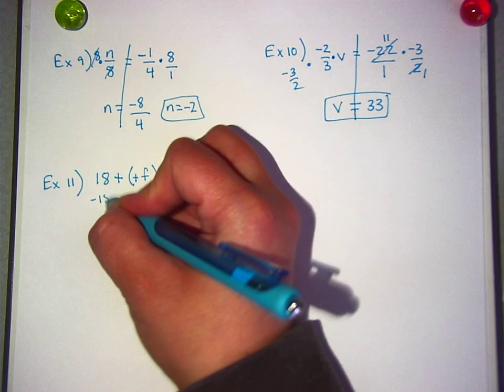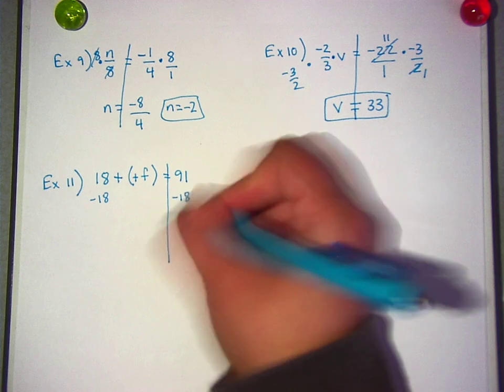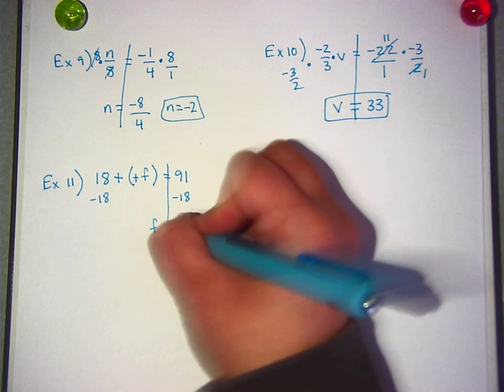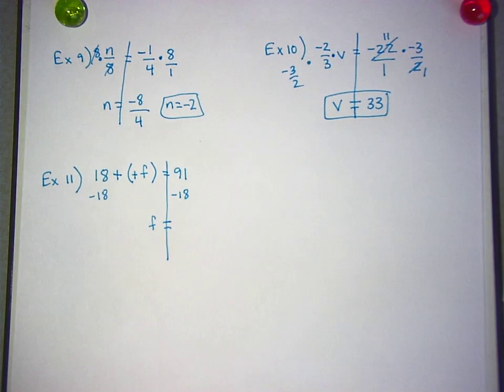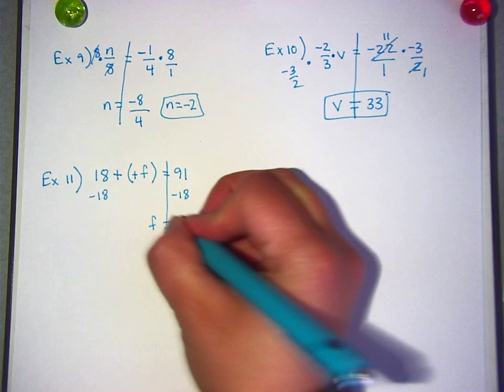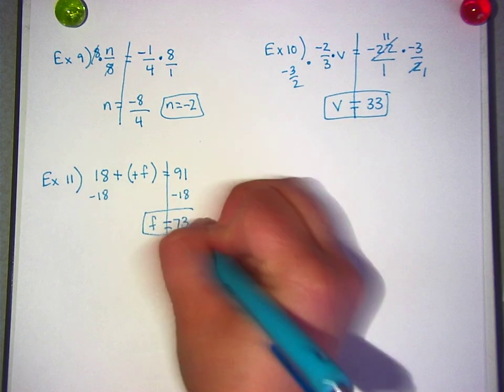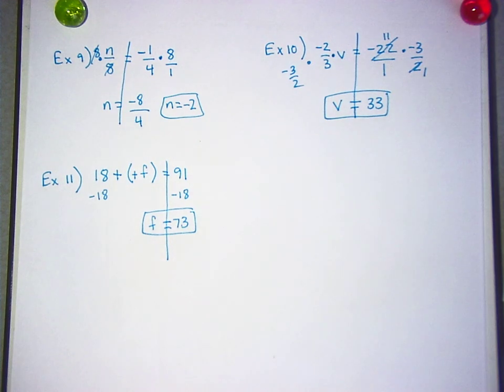And then Callie said to subtract 18, so I get f equals what? It's a hard one, 91 minus 18. You've got a calculator. 73. Which one's 73? J. Nice. Like jelly.